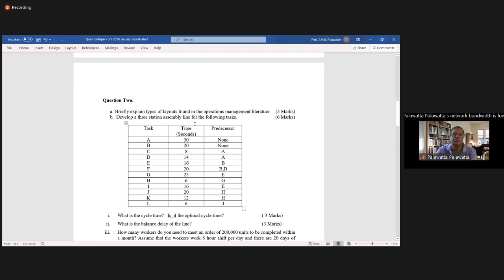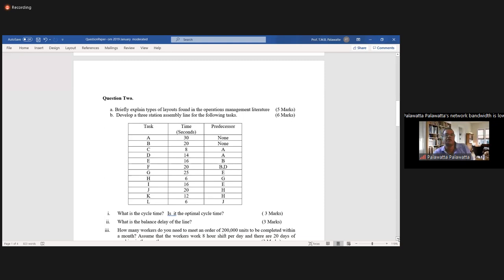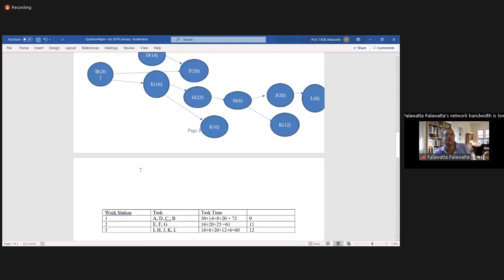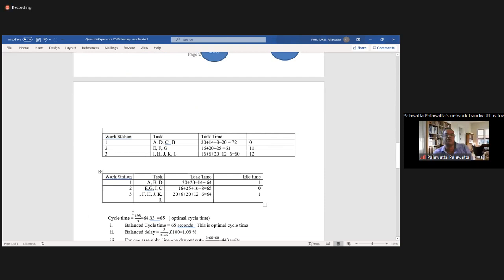If you have been asked that way, you have to create the balance for 65. Any other answer would have been wrong. For example, if you had been asked to create a 3-station assembly line for optimal cycle time, only this answer is correct. This is incorrect.